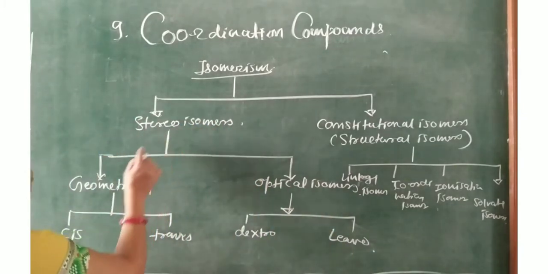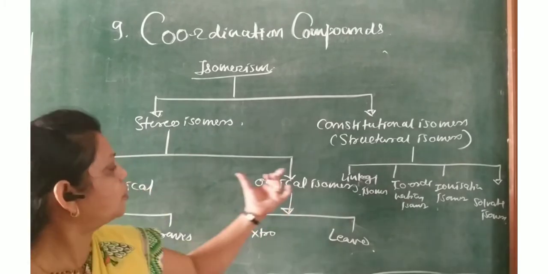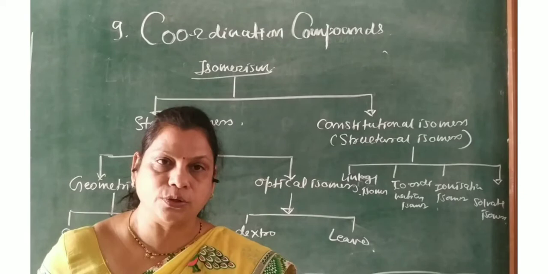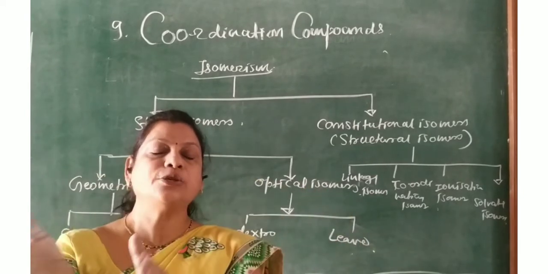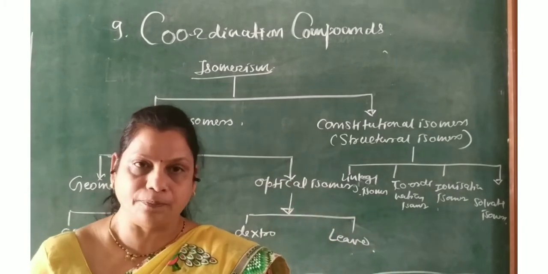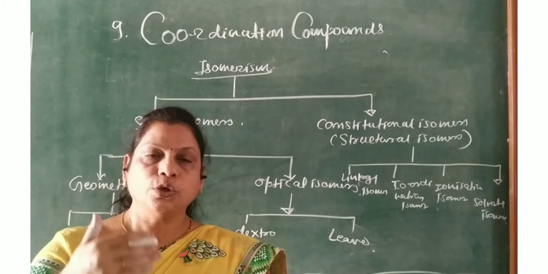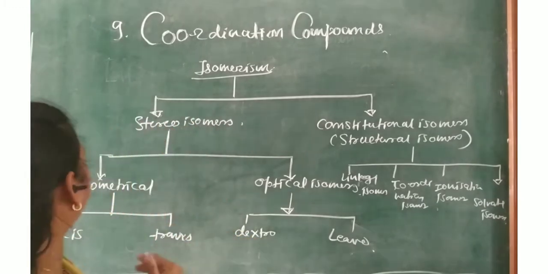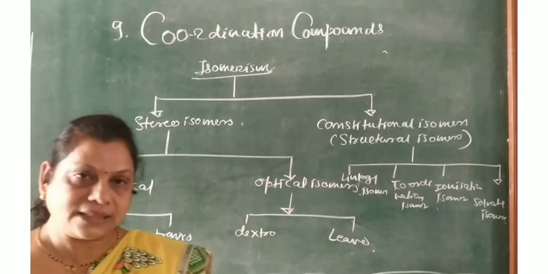Stereoisomers are again classified into 2 types. One is geometrical isomers and the second is optical isomers. Geometrical isomers involve the arrangement of constituent atoms in the plane, adjacent or opposite, so that the geometry of the coordination compound is different, and they are called cis and trans isomers.